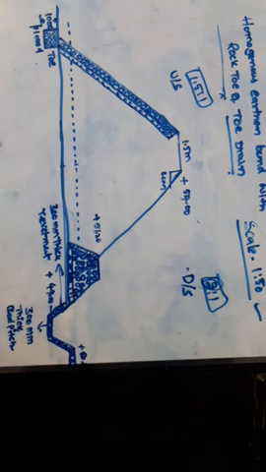This is the structure of the homogeneous earthen bund with rock toe and toe drain.